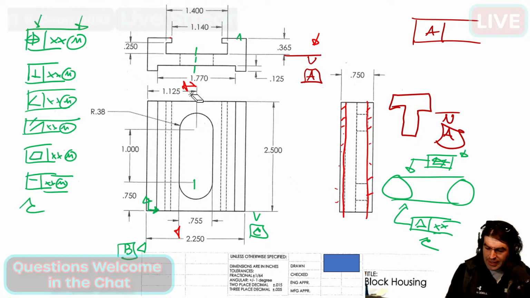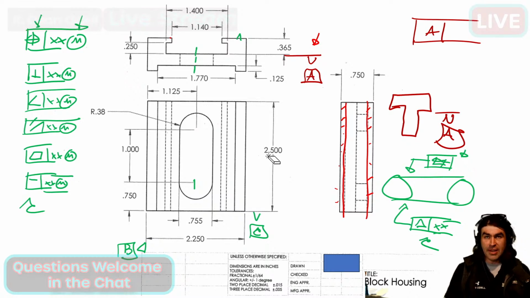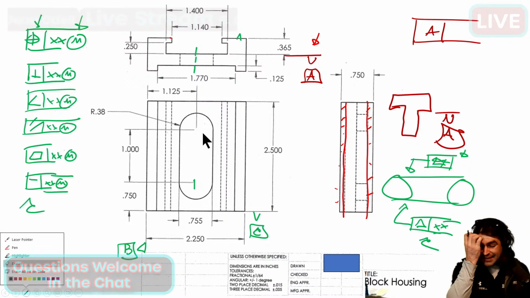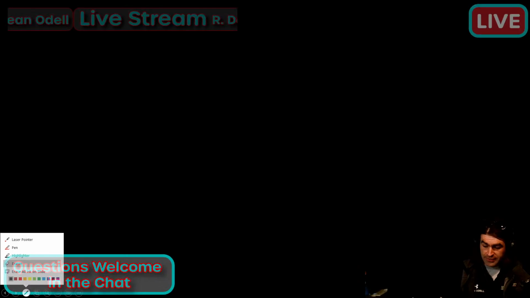Now, I think everything on this drawing is pretty straightforward except this slot feature. We could control most things on the drawing with a profile or a position. The slot is a little weird. Let me draw this a little bit bigger over here.